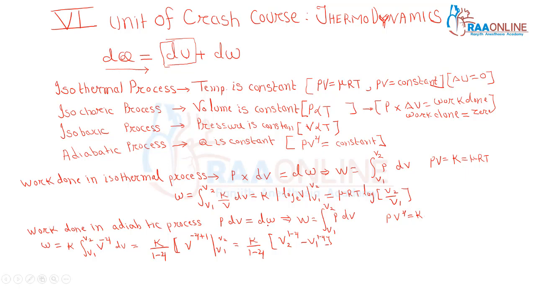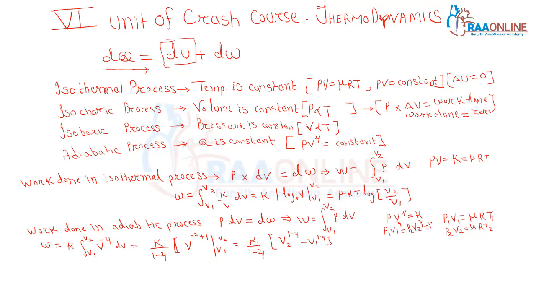If initial temperature was T1 and final temperature was T2, we know that P1 V1 is equal to mu RT. What are we doing? We are putting PV raised to the power gamma is equal to K. Initial pressure was P1, volume was V1, temperature was T1. Final pressure was P2, volume was V2, temperature was T2. So it means P1 V1 raised to the power gamma is equal to P2 V2 raised to the power gamma.